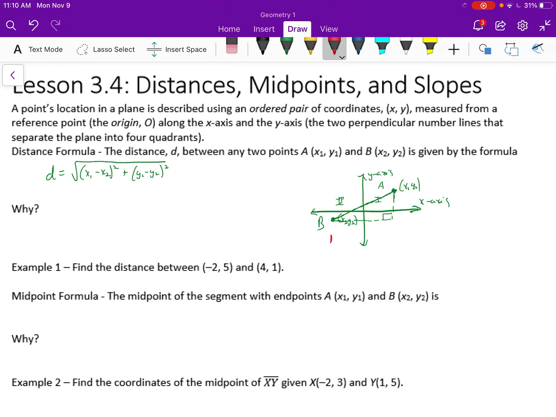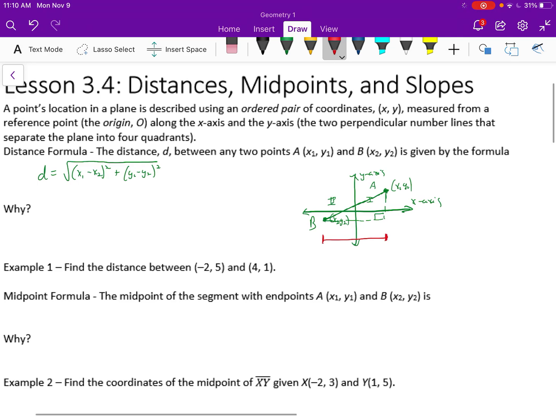If we look at the distance from here to here, the x value here is x sub 1, so that's going to be x sub 1 minus x sub 2. And then similarly, the vertical distance is going to be the y value minus the other y value. You're finding a difference in y values.